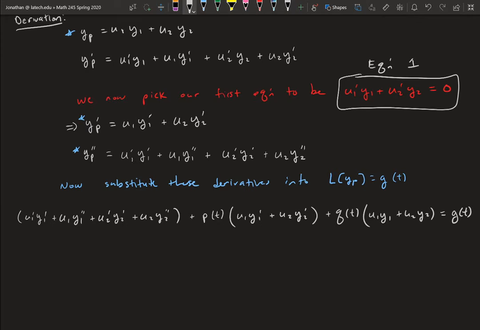Now let's factor out some like terms. I have u1 y1 double prime, u1 y1 prime times p, and u1 y1 times q. So we're going to write u1 prime y1 prime plus u1 times y1 double prime plus p of t y1 prime plus q of t y1.